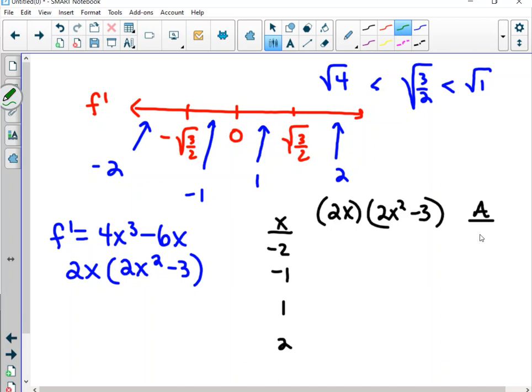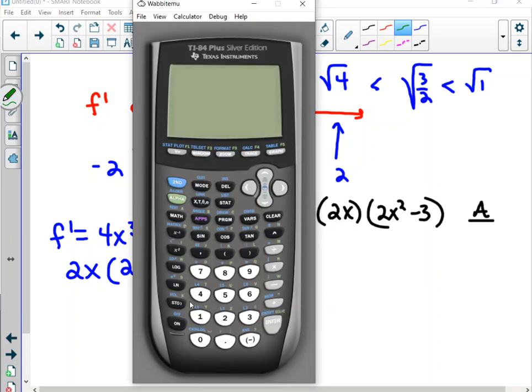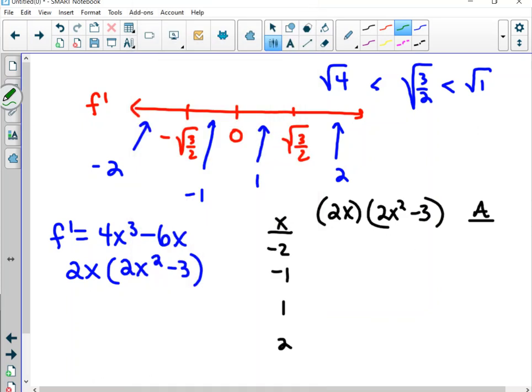You can throw it into a y equals on a graphing calculator, 4x cubed minus 6x, and check out a table, and you can very easily see what kind of numbers you're going to get for positive and negative 1 and 2. The 2x part is easy. Put a negative number times 2 and you're going to get a negative. Put a positive number times 2 and you're going to get a positive.